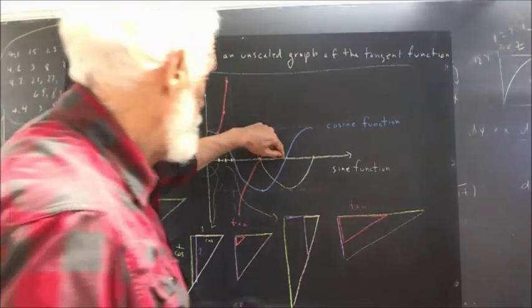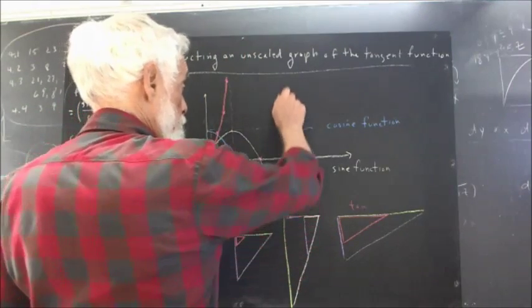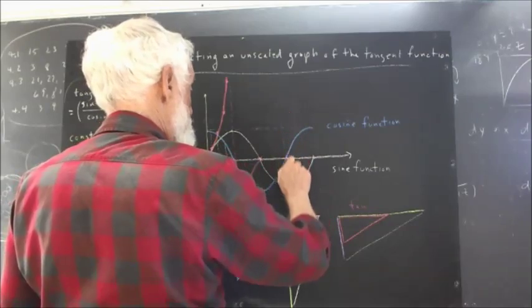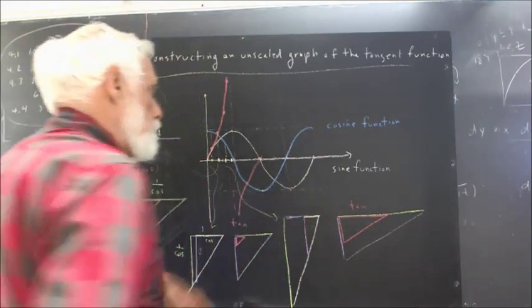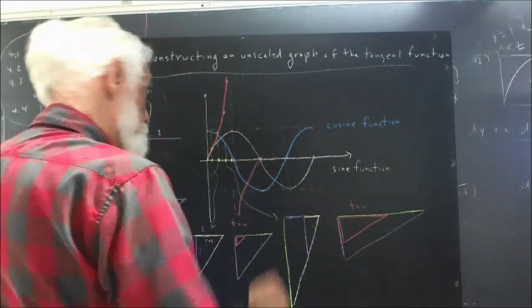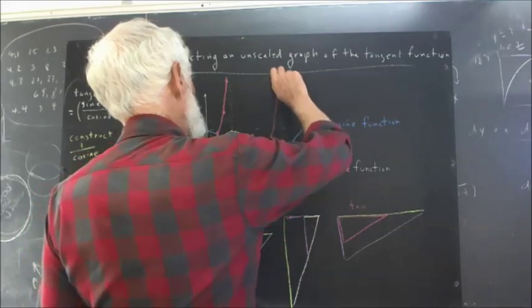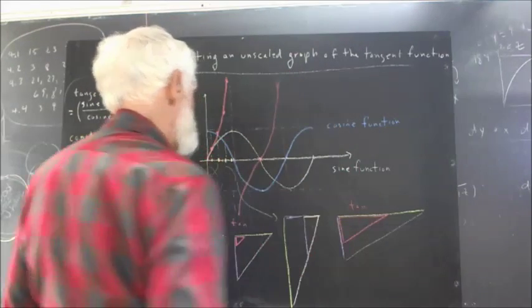And then between here and here, where the cosine again becomes 0, everything that I just said happens again. Well, now both the sine and the cosine are negative, so when I do sine over cosine, I get a positive. So the graph is going to look like this.